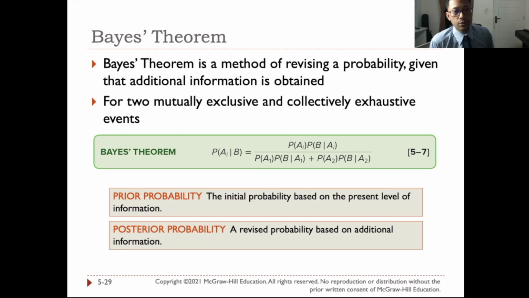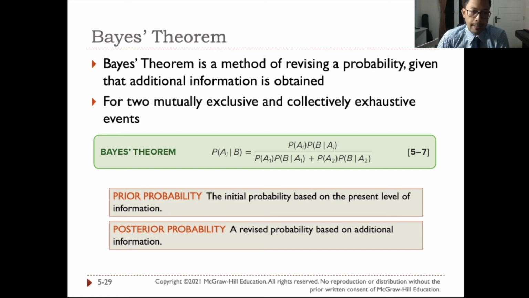Okay, so let's get into the details. Suppose that we have 2 mutually exclusive and collectively exhaustive events, then the Bayes theorem is the following. The probability of event A1 occurring conditional on B is going to be the probability of A1 multiplied by the probability of B conditional on A1, divided by the probability of A1 times the probability of B conditional on A1, plus the probability of A2 times the probability of B conditional on A2.